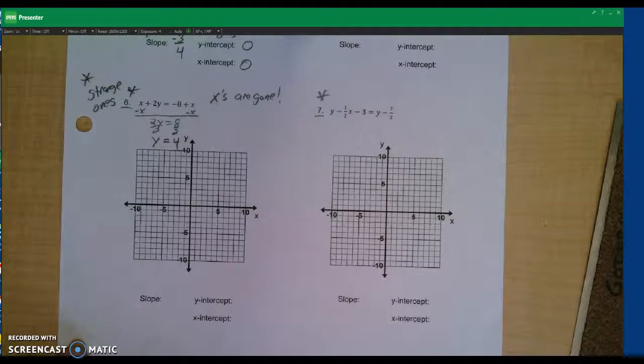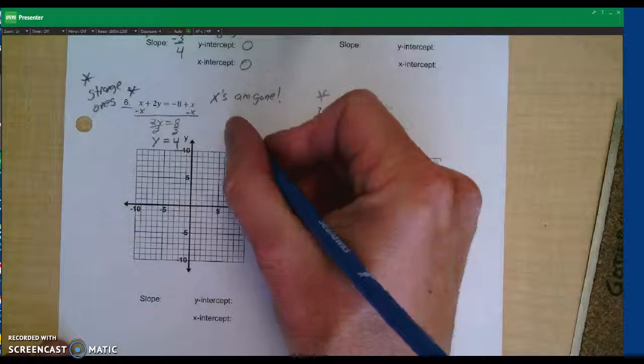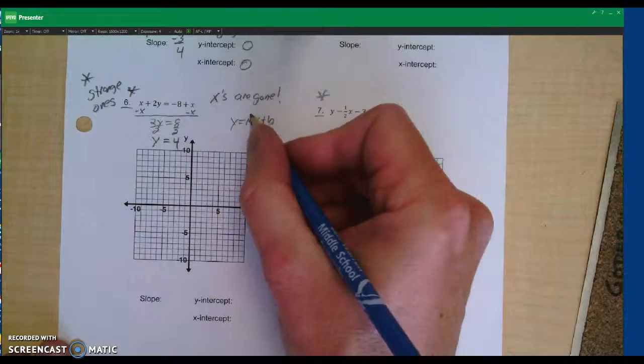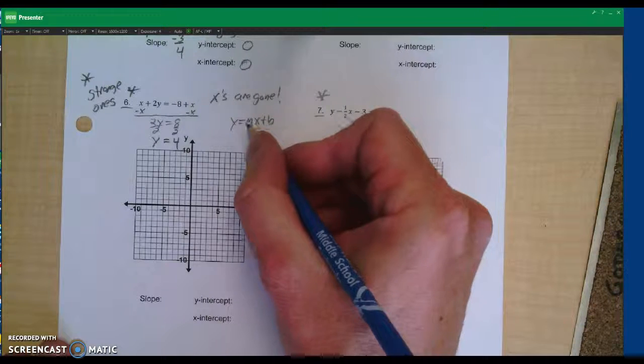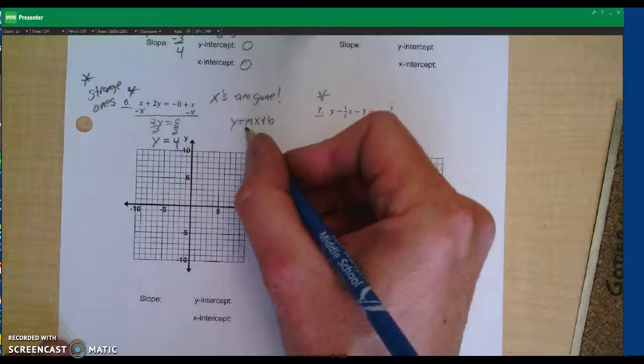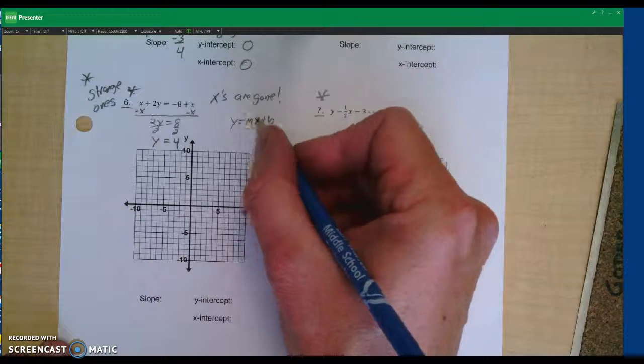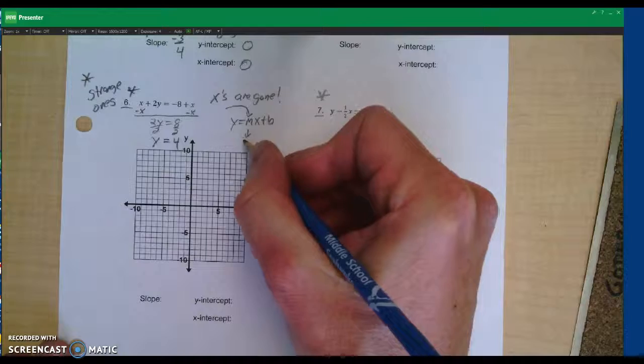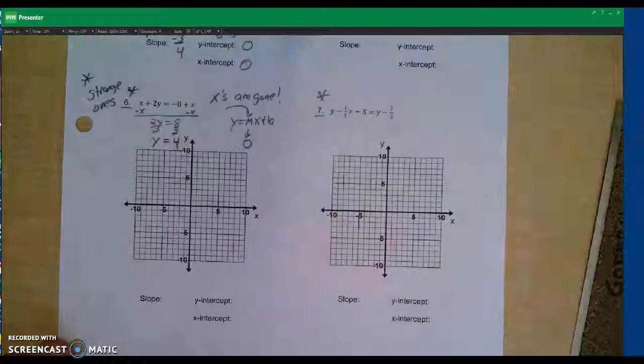Interesting. Well, what does that mean? Remember y equals mx plus b. You got that burned into your memory. But if there is no x, there's no number multiplying x except the number that would get it to go away. And of course, hopefully, when the x's are gone, that means you recognize that the slope is 0.